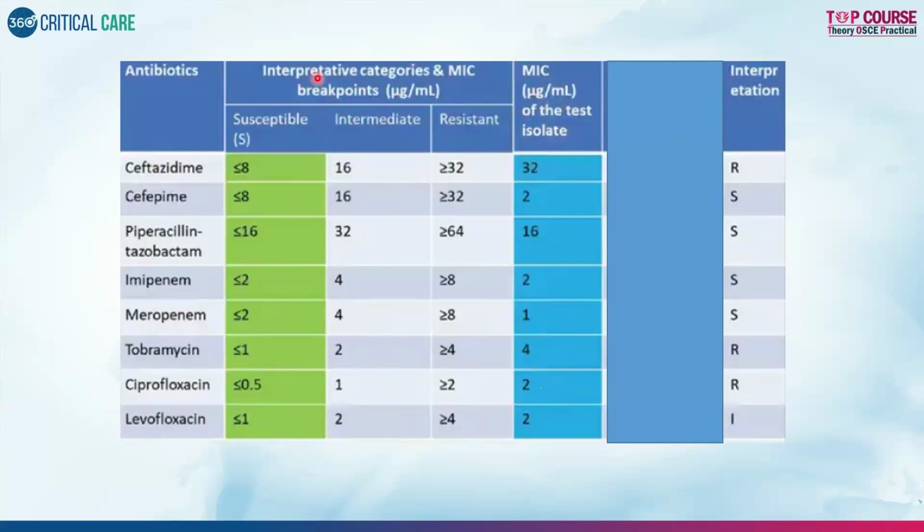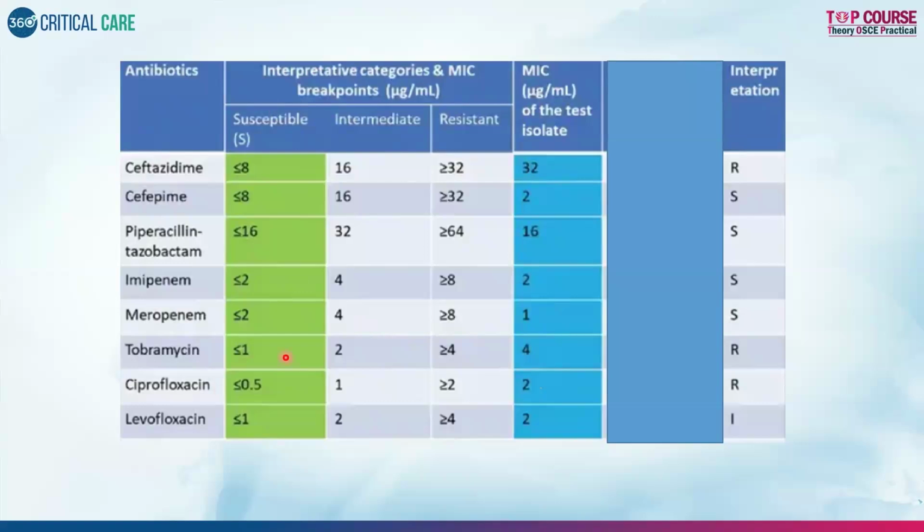So the breakpoint given by CLSI or EUCAST is if it is equal or more than 32, you need to categorize it as resistant. So that is why the interpretation comes as resistant. Okay. Similarly, if you take imipenem or meropenem, both are sensitive. That is because the MIC value of these two fall in the susceptible range of breakpoint.